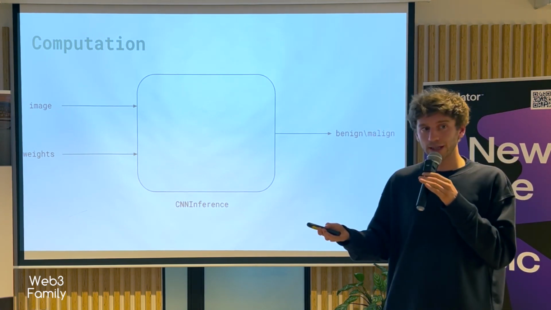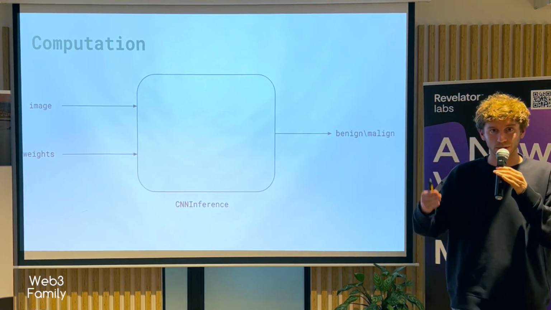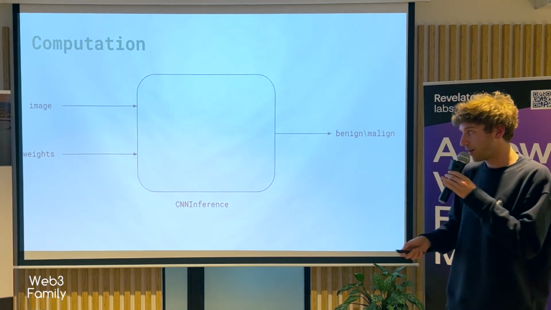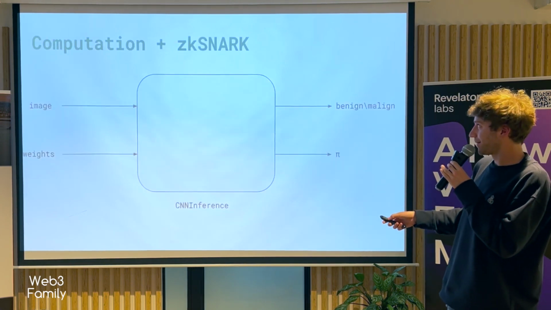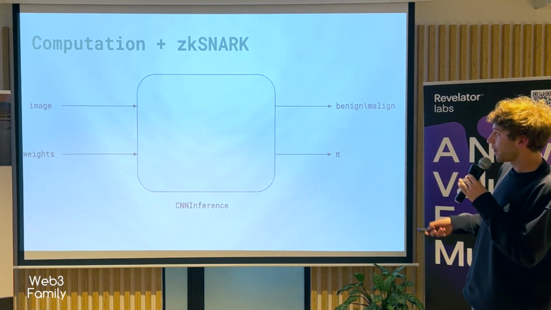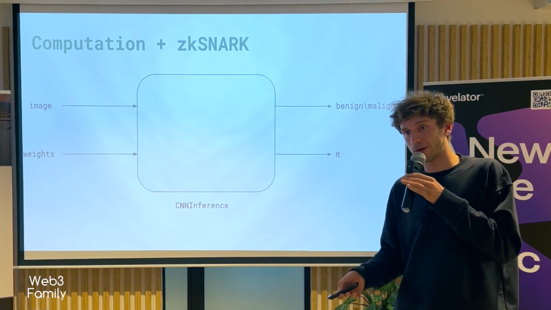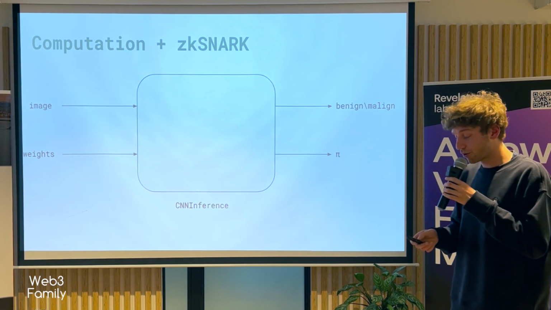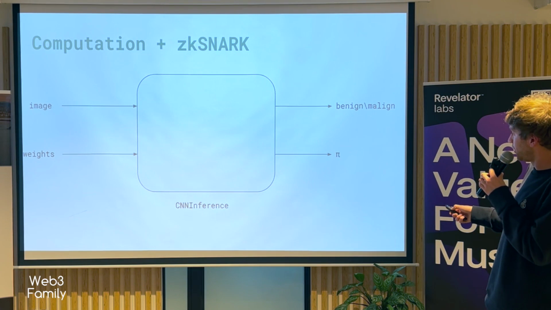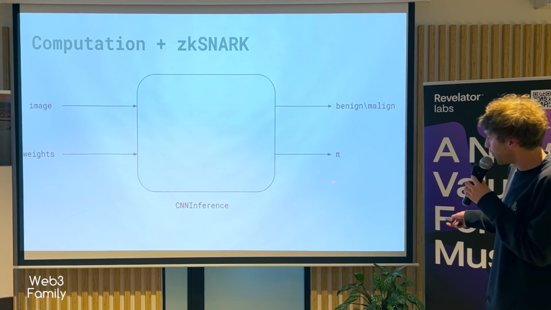Intuitively, the only way to prove to someone that you ran a computation on some input to get some output is to let them redo the same computation. But actually there's a solution to that, which is ZK snarks. The difference is that you perform the same computation inside a so-called ZK circuit, and what you get, compared to the previous solution, is a proof pi.